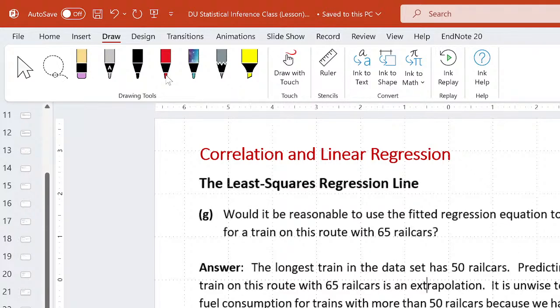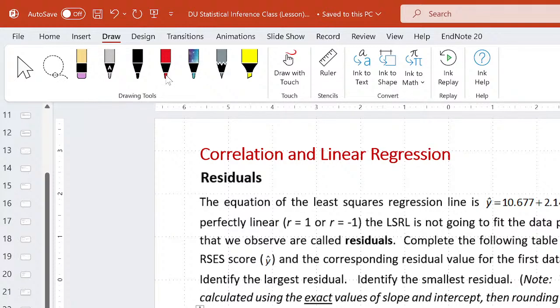Identify the slope and interpret it. Well, we know what the slope is, 2.1495. So what that means, every time you tack on another rail car, now this is important, the predicted fuel consumption increases by 2.1495 units per mile.